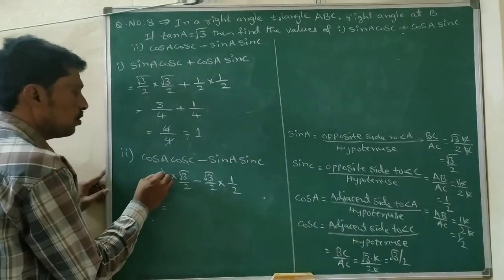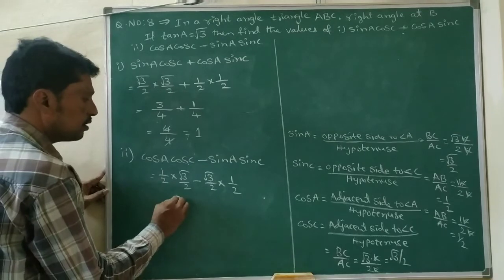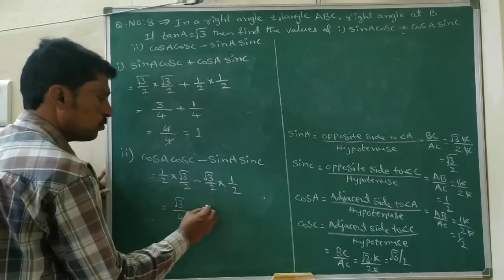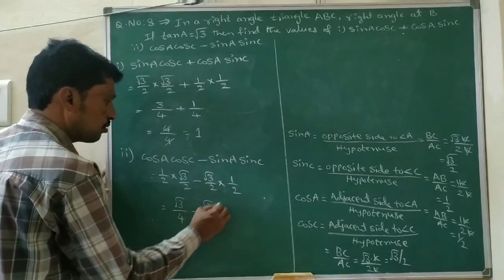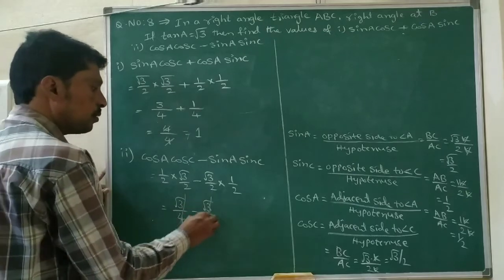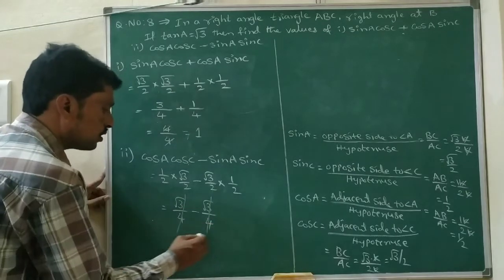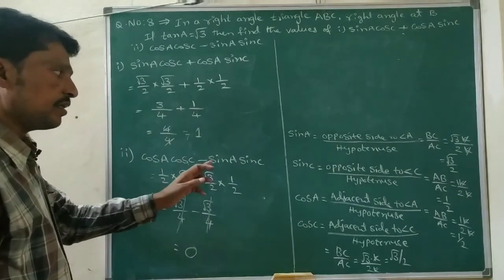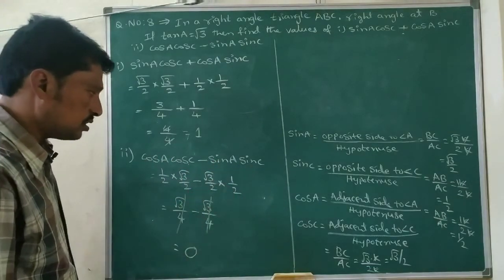That equals 1 into root 3 by 2 into 2, which is root 3 by 4, minus root 3 into 1 by 2 into 2, which is root 3 by 4. This is the plus root 3 by 4 and this is the minus root 3 by 4. Both get cancelled, so we are getting 0. The value of cos A cos C minus sin A sin C is 0.